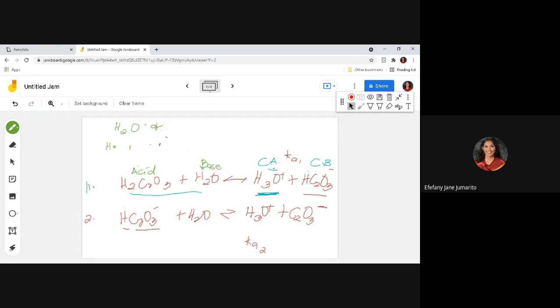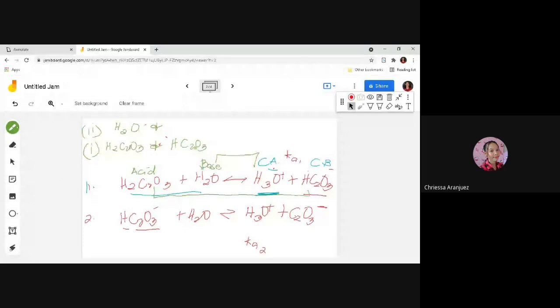Then we will pair that up with the base, the conjugate base, HC2O3 minus. Then what about H2O? Okay, that's the first pair. What about the second pair? H2O and H3O plus.